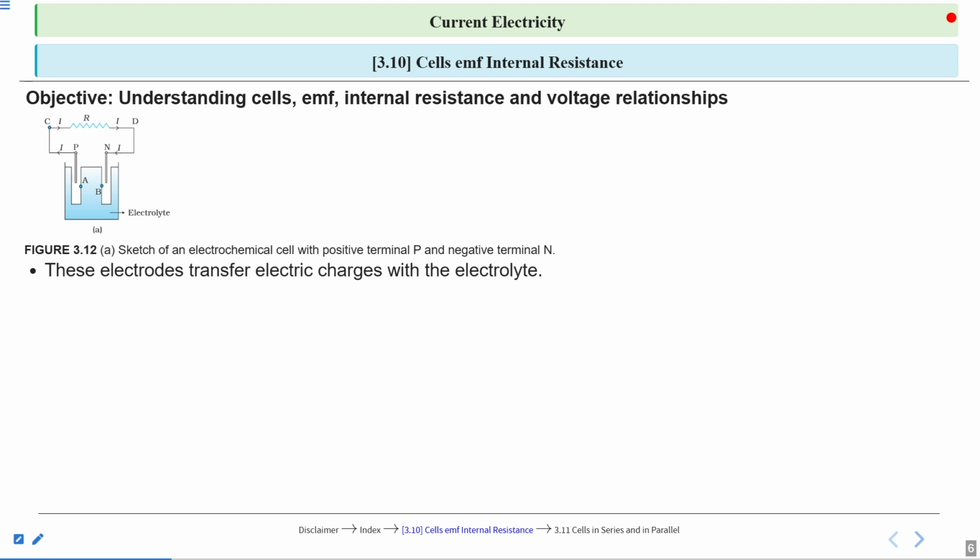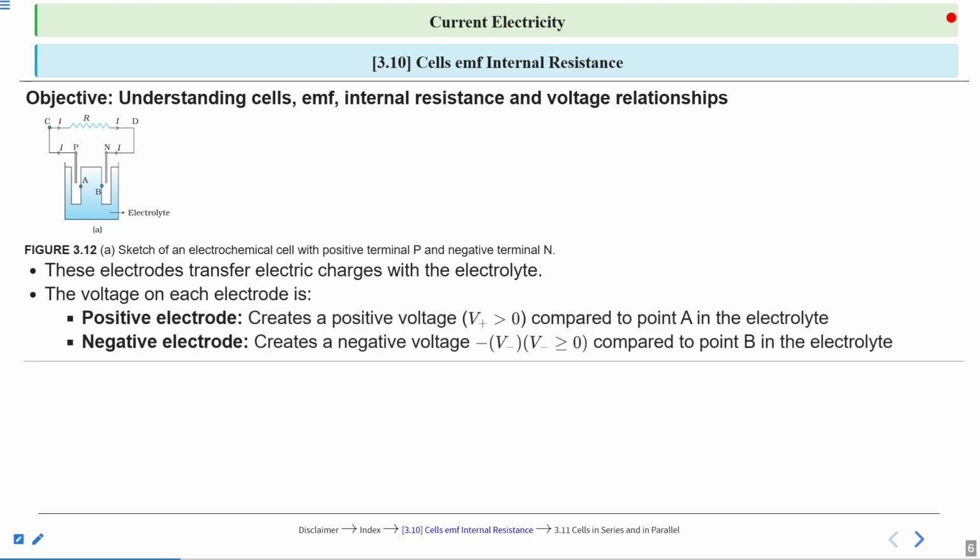Positive charges get accumulated on the positive electrode and negative charges get accumulated on the negative electrode, due to which a potential difference is created between its two electrodes. Now we are concerned with the voltage on each electrode.